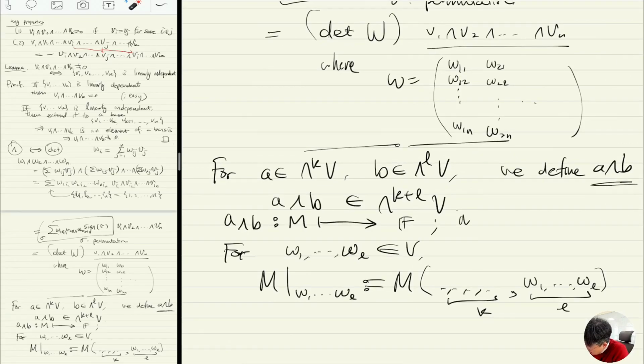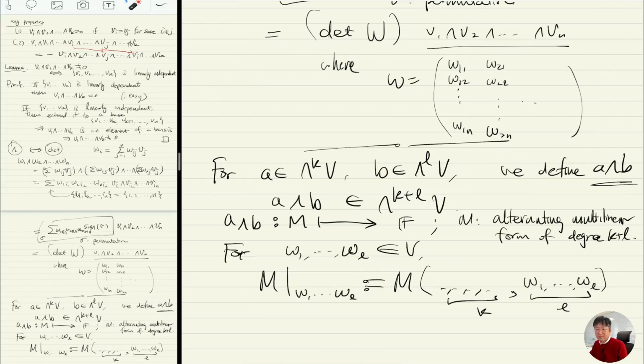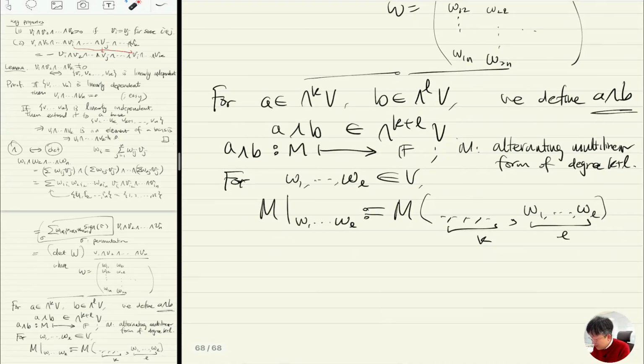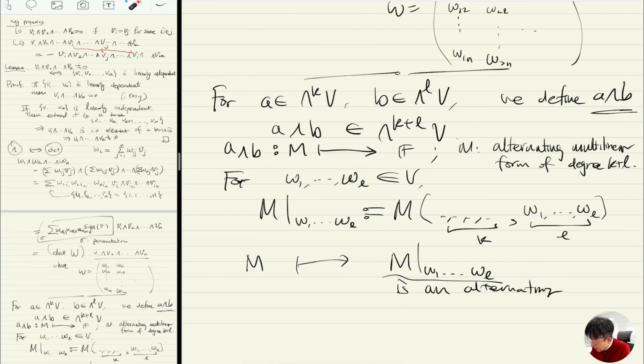Here M is an alternating multilinear form of degree K plus L. What I mean is, if M is an alternating multilinear form of degree K plus L, then M(·, w1 up to wL) is an alternating multilinear form of degree K, because I'm fixing the last L values.